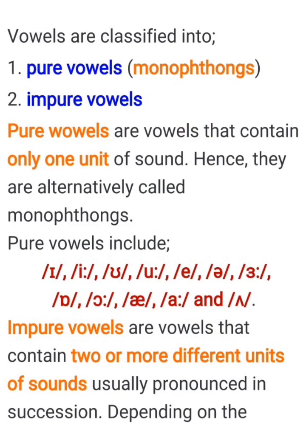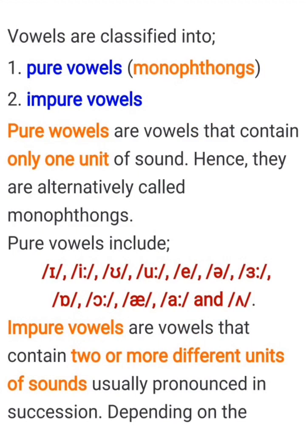And for the fact that they contain a single sound, only one sound, they are also called monophthongs, going by the fact that mono as a prefix means one. So monophthong, one tone as it were. So that's that for that. And so pure sounds are sounds that contain only one unit of sound, not two pronounced in succession and not three pronounced in succession.